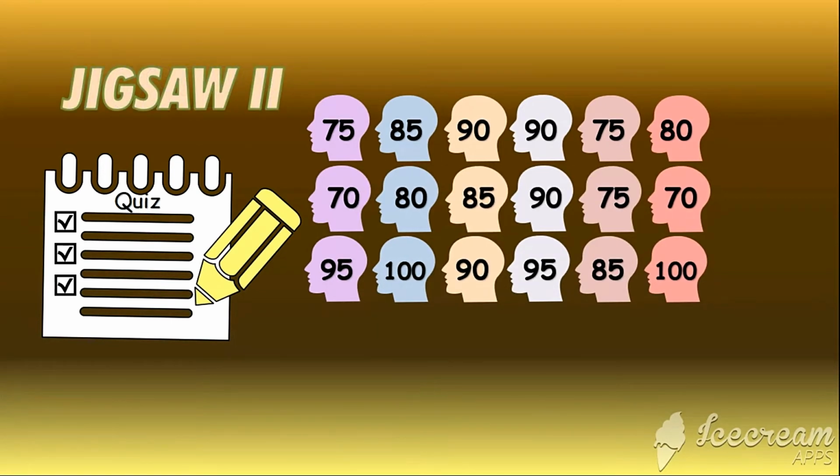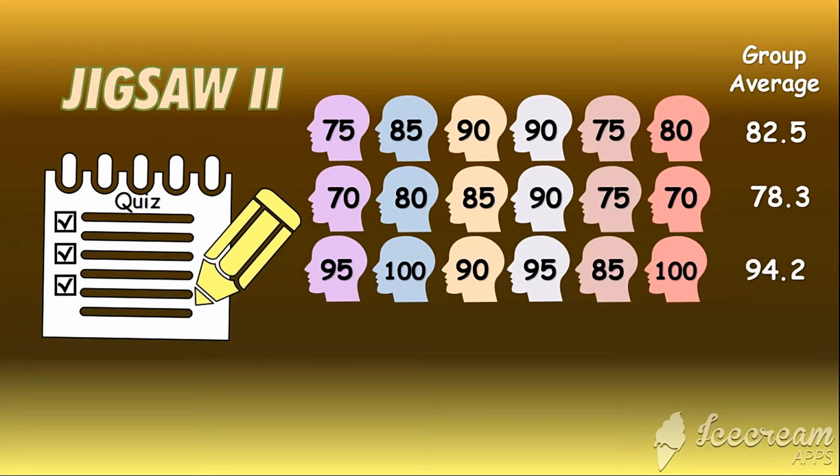In Jigsaw 2, quiz scores are given once to individual students. Then, each group's scores are averaged to generate a group score. This builds in competition between groups and encourages students to work harder at helping each other learn the material well.